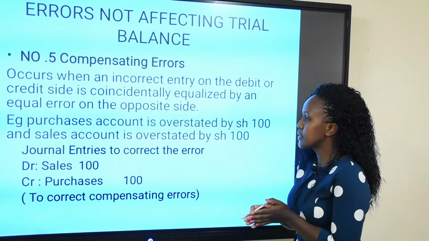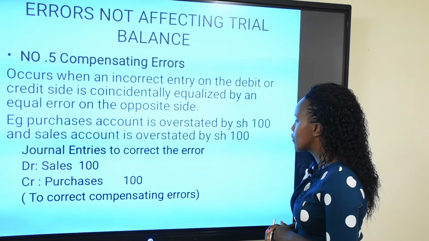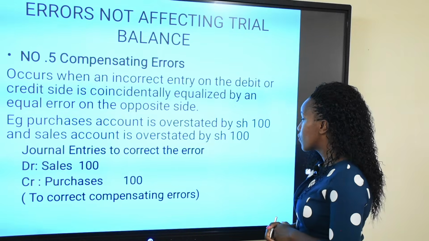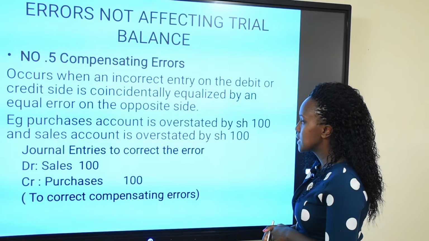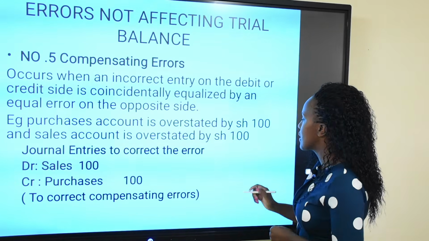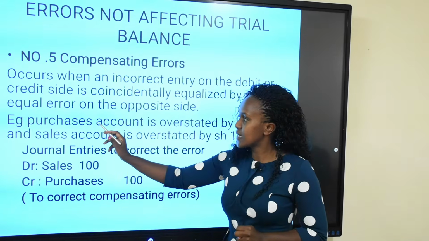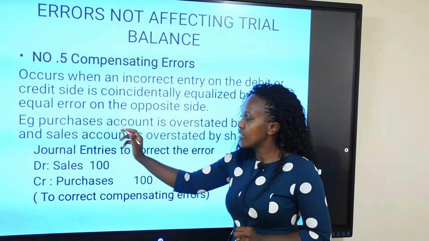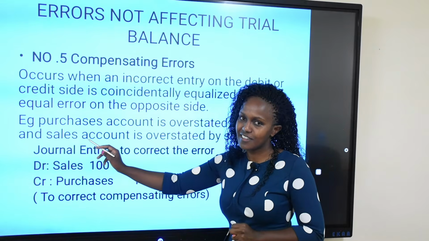So, our example says that the purchases account is overcast by shillings 100, and of course, coincidentally, the sales account is also overcast by shillings 100. Now, we realize here, purchases is an expense. It is debited. Sales is a revenue. It is credited.